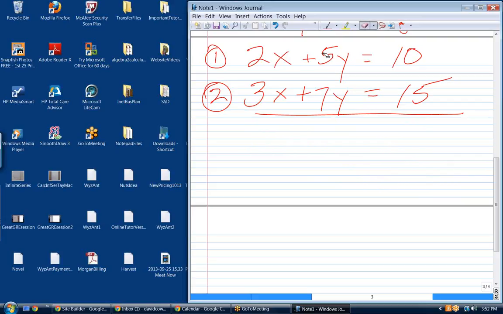In other words, this becomes 7.5. And we don't particularly want to introduce fractions. So if we can avoid fractions in solving these, we're going to be better off. Well, what can I do? How about if I multiply the top by minus 3 and the bottom by plus 2?